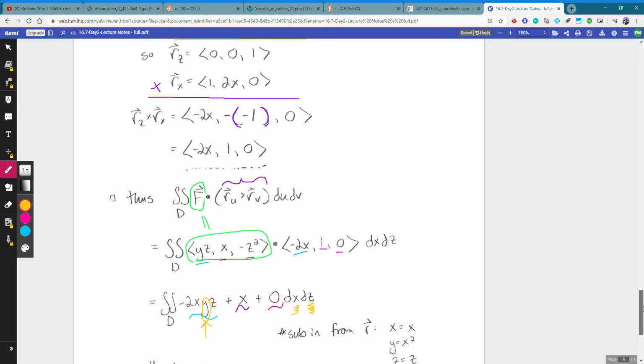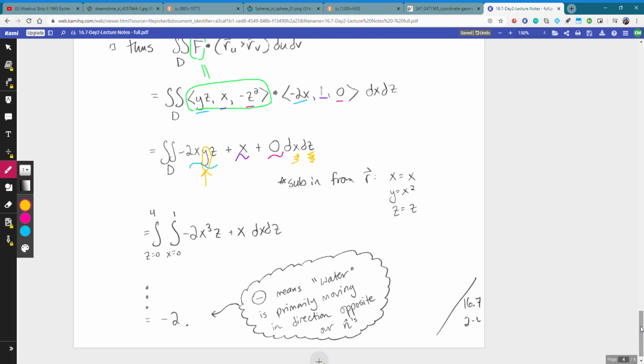And so we'll make those substitutions here, swap out y with x squared, so then we get x times x squared, so x cubed. And this is what we end up with for the function that we are now just doing a standard double integral for.